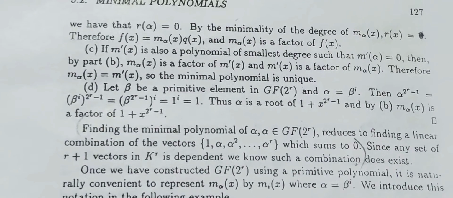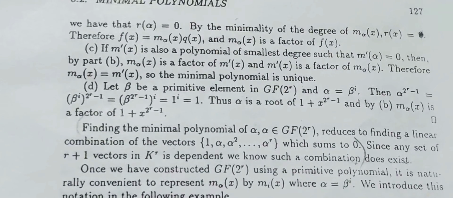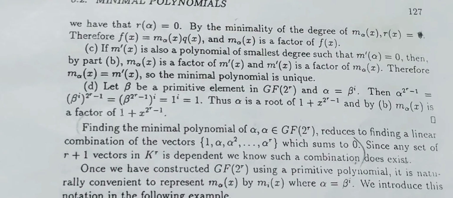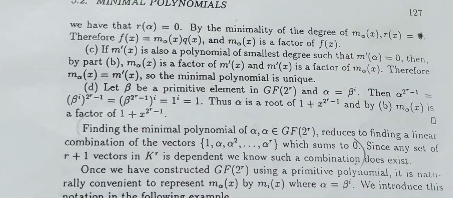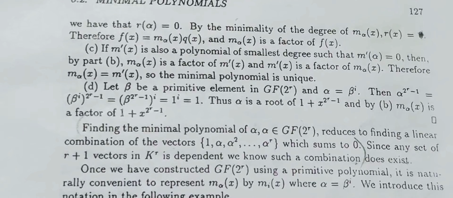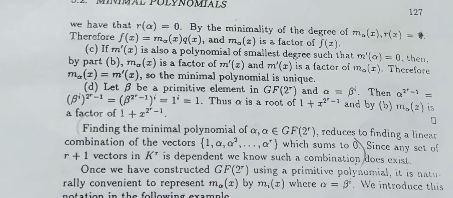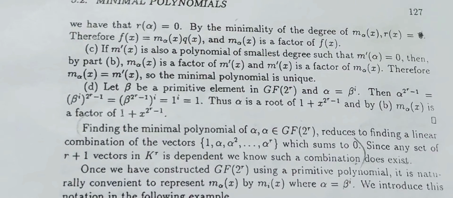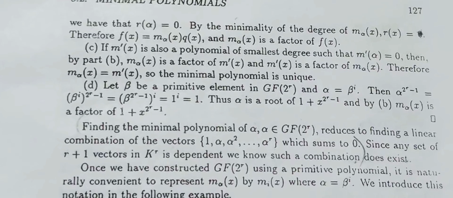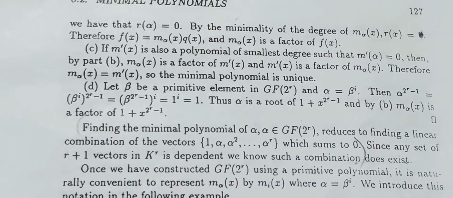So here m dash of x is any polynomial, so m alpha of x is a factor of m dash of x. And since m dash of x is a minimal polynomial and m alpha of x is any polynomial, m dash of x is also a factor of m alpha of x.